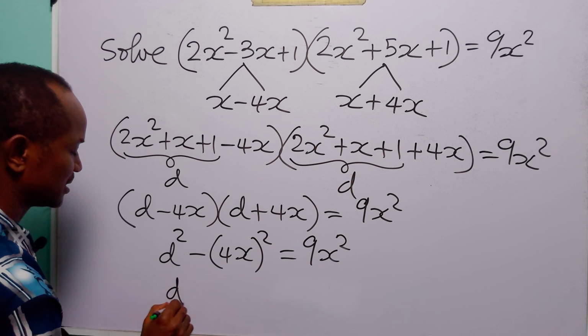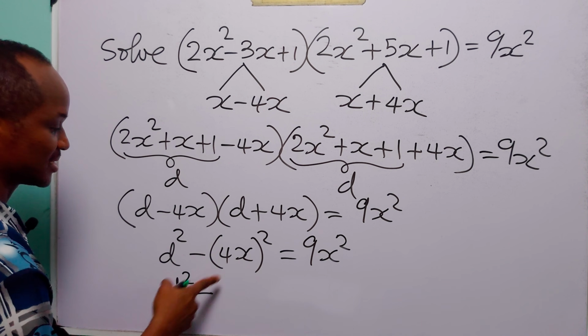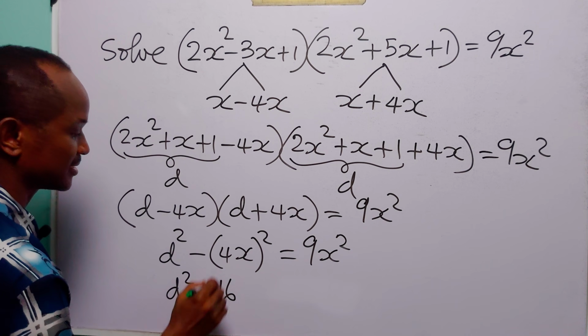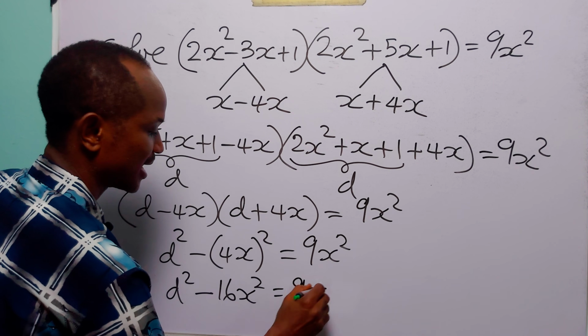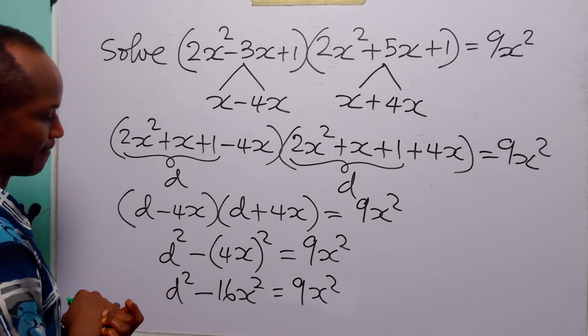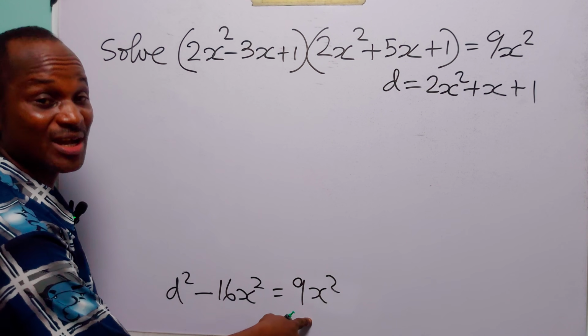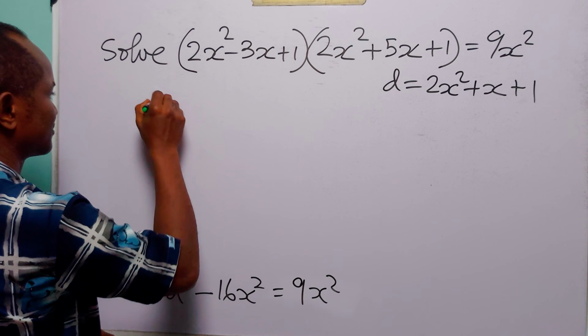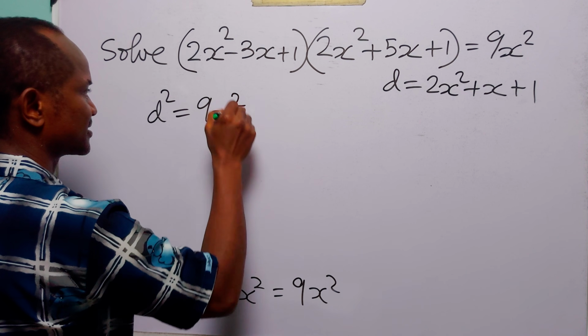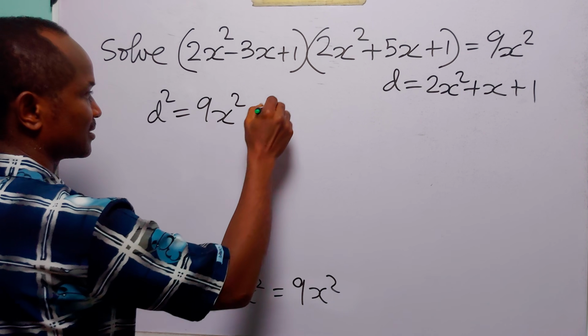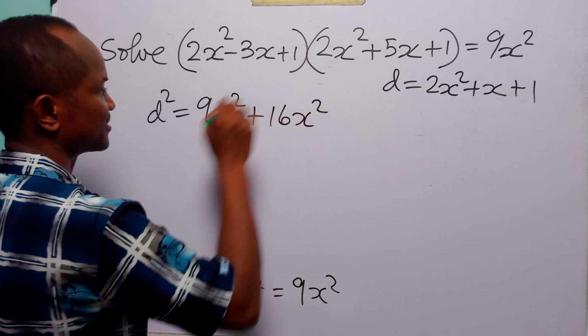Now, we have D squared minus 4 squared, which is 16, and of course x squared. This is equal to 9x squared. Now moving this term over to the right-hand side, we have that D squared is equal to 9x squared plus 16x squared.